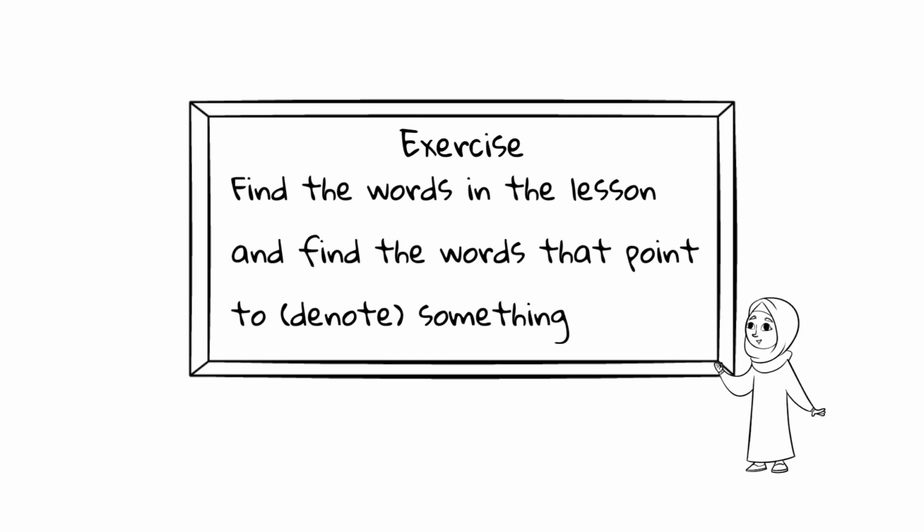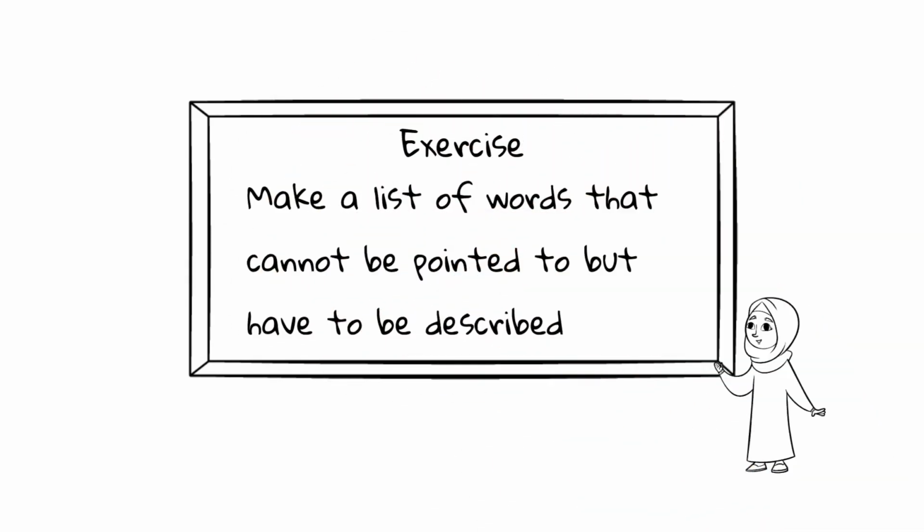You can point to mango, you can point to red. So choose all those words which can point to something. Make a list of that. Make another list of words which cannot be pointed to, but have to be described. So look at all the words and see which words you can understand and describe, which words you cannot, which words you can point to, and so on. So that's a way you will begin to understand the nature of language.